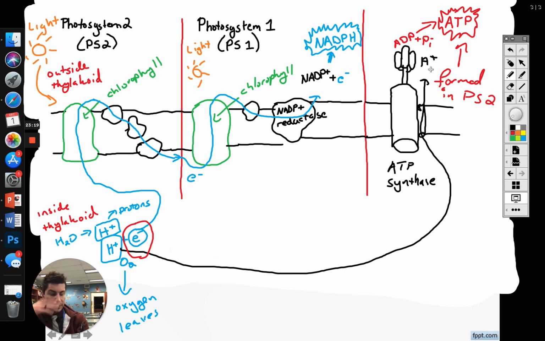So photosystem number 2 forms ATP and splits water. Photosystem number 1 then uses that electron from photosystem number 2. It regains its energy and then goes to NADP plus reductase, that enzyme, it's a protein, and in doing that, it's able to form NADPH. So photosystem number 1 forms NADPH. Okay, guys, we will review this again tomorrow, and then we'll start the Calvin cycle.